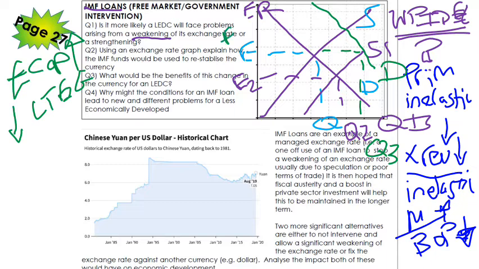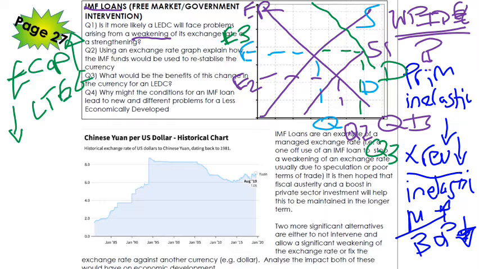So E would become E3, and you've got that strengthening of the exchange rate, which would raise the value of the exports, reduce the value of the imports, increase standard of living, and also create greater access to capital goods.